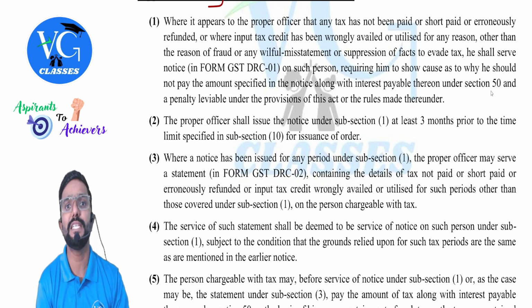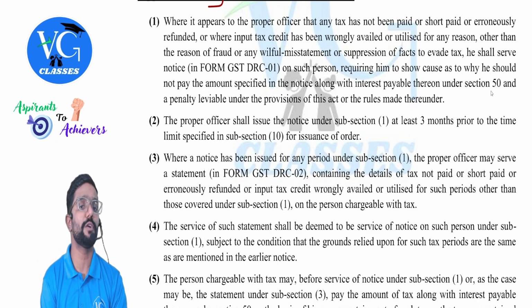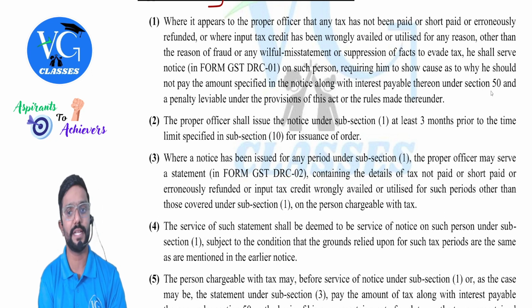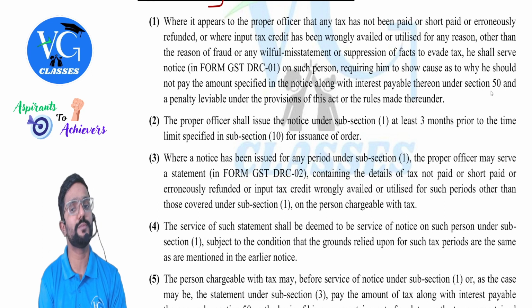DRC stands for demand and recovery, on such person, requiring him to show cause as to why he should not pay the amount specified in the notice along with interest payable thereon under section 50, which is 18% per annum, and a penalty leviable under the provisions of this Act or rules made thereunder.